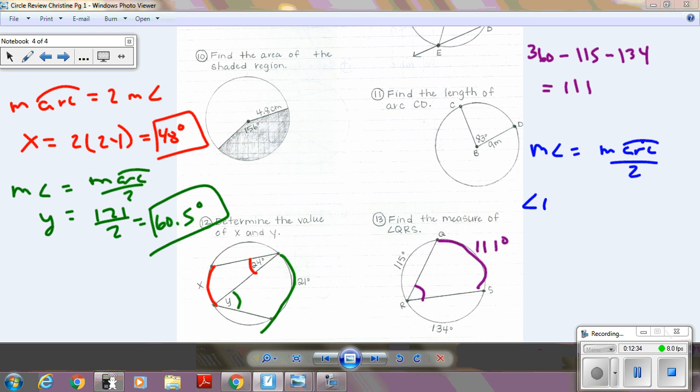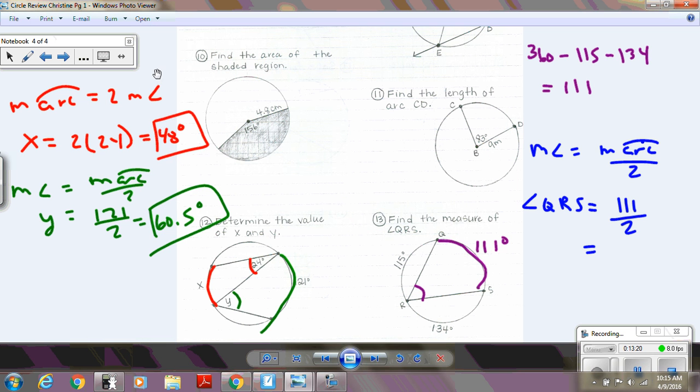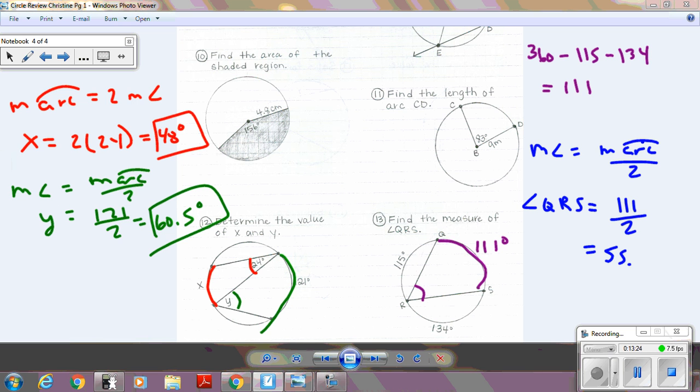So our angle Q is equal to 111 divided by 2, which should be 55.5, I believe. Yes. So 55.5 degrees.